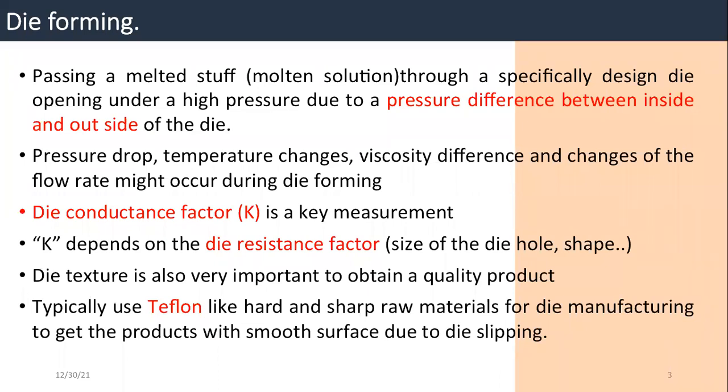Inside the barrel the temperature is very high and the pressure is very high due to the shear force. There are some mechanisms: pressure drop, temperature changes, viscosity difference, and changes of the flow rate might occur during the die forming.